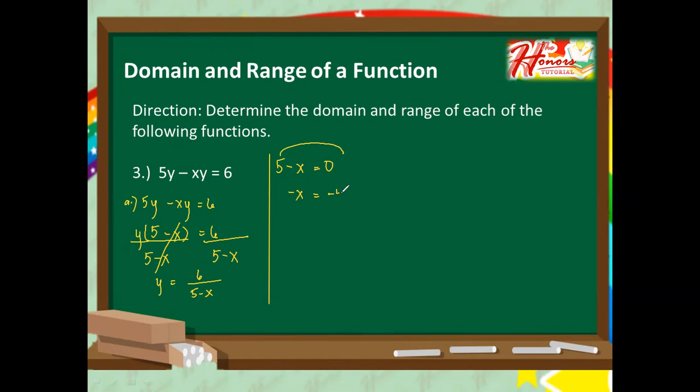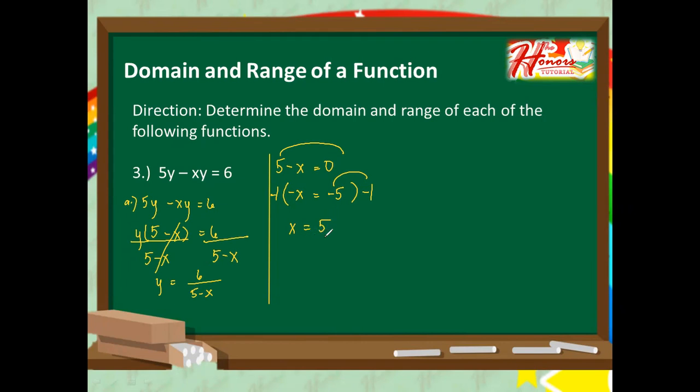Then it will become negative 5. In order for us to make positive values at the left side of the equation, we should divide the left side by negative 1 and the right side by negative 1. So negative 1 times negative x is positive x equals negative 5 times negative 1 is positive 5. So therefore, our restriction is this.